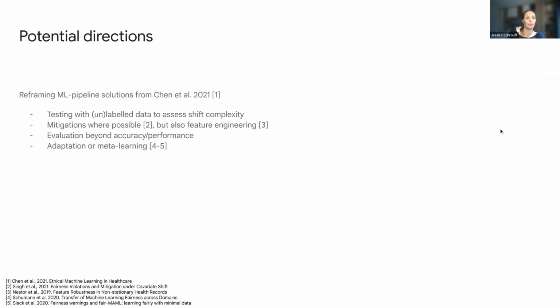So if we think about the whole ML pipeline, and this framework is actually quite nicely explained in Chen et al. 2021, where they think about fairness at every stage of the pipeline, we can really think about this in terms of fairness and distribution shift.